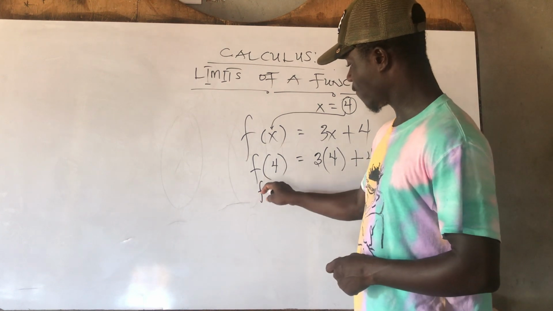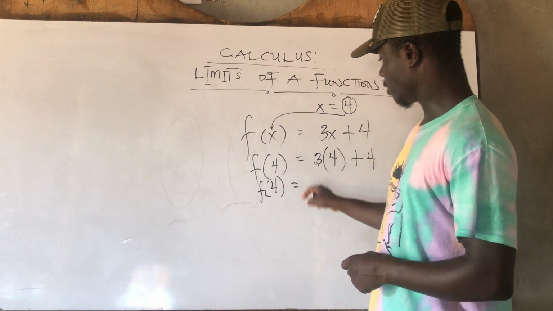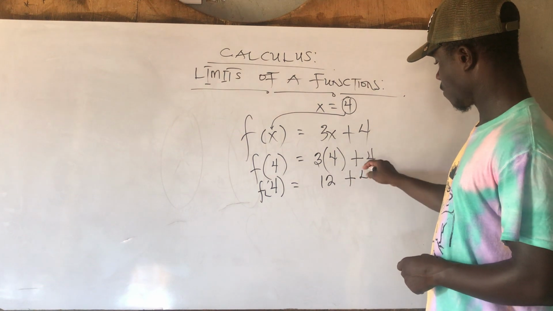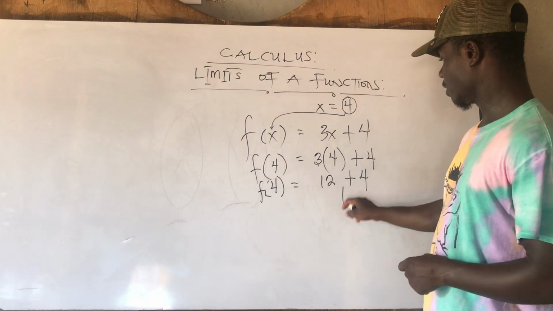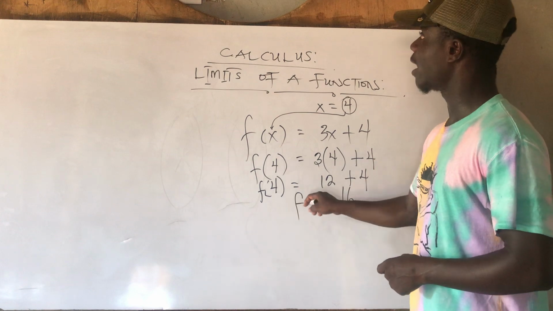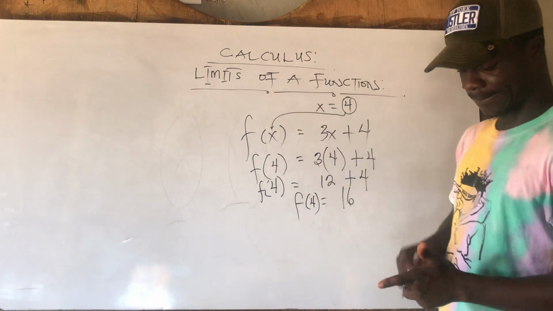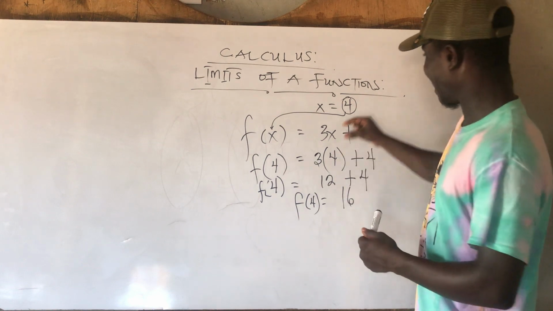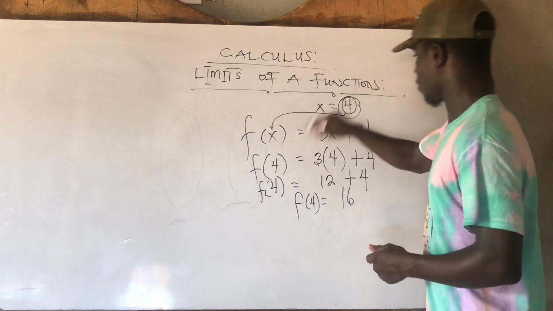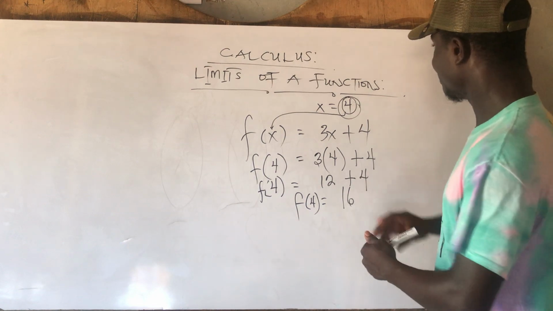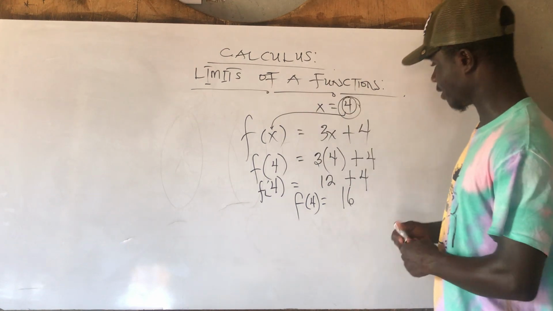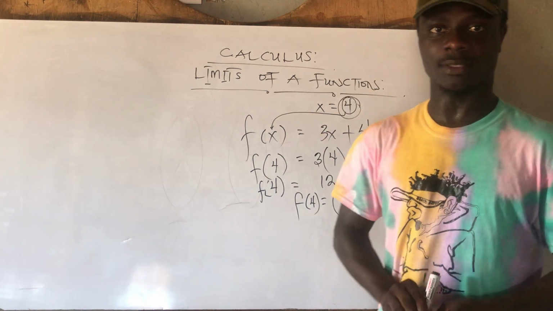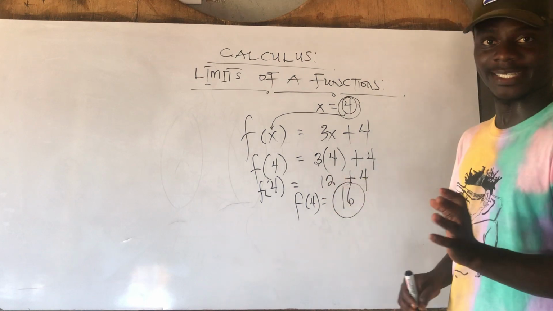So you have f of 4, which is equal to 3 times 4, which is 12, plus 4. So 12 plus 4 gives 16, which is equal to f of 4. So as x approaches 4, or when you plug in this 4 into the function, this function tends to 16.